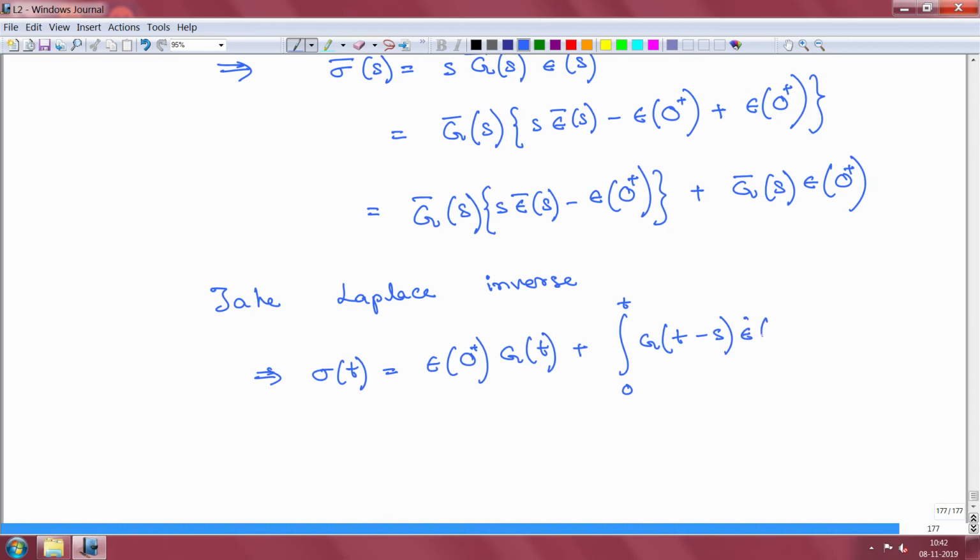I am keeping s because I just want to be consistent with what we have done till now. Just a note, this s does not relate to Laplace transforms.